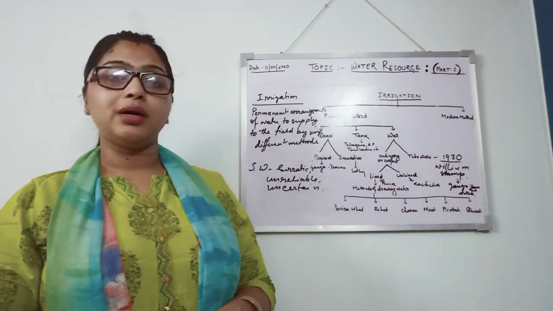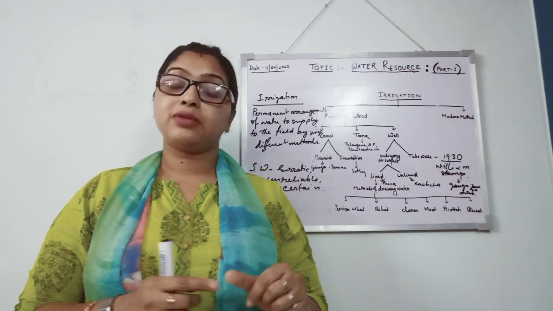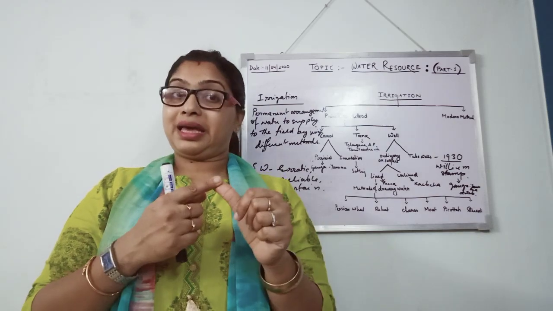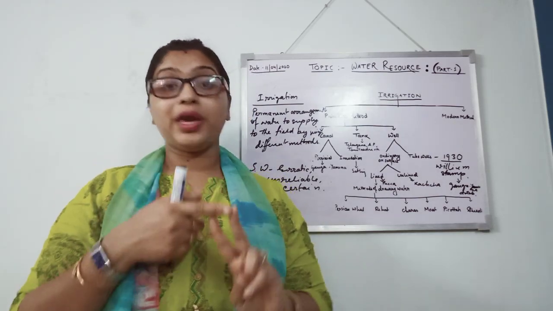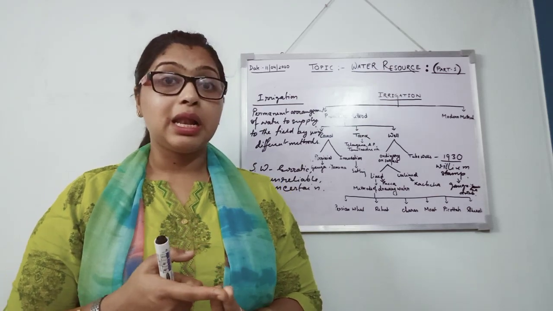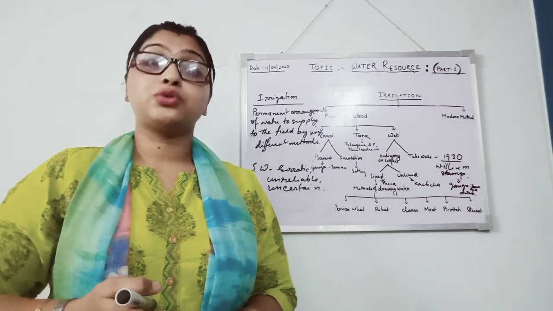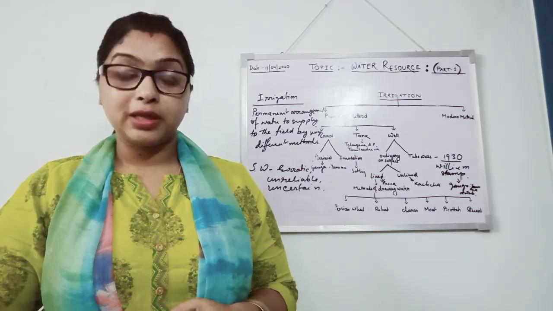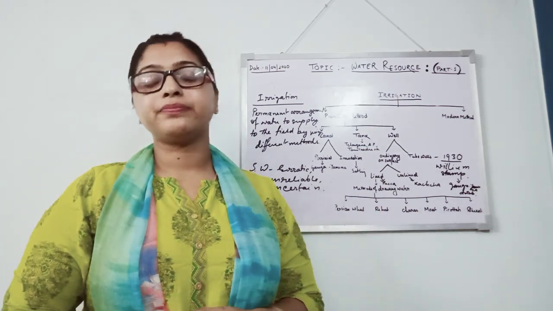Okay, so what are the advantages here? Well irrigation is very useful, we can easily access it, and we can use it independently. Also, we do not have to pay anything, unlike canal irrigation, where farmers used to pay for the canal water. We do not have to pay for well irrigation.